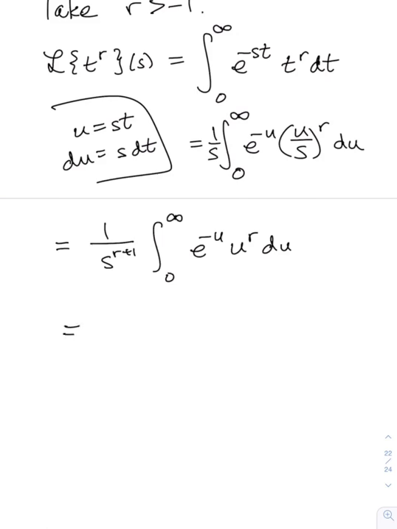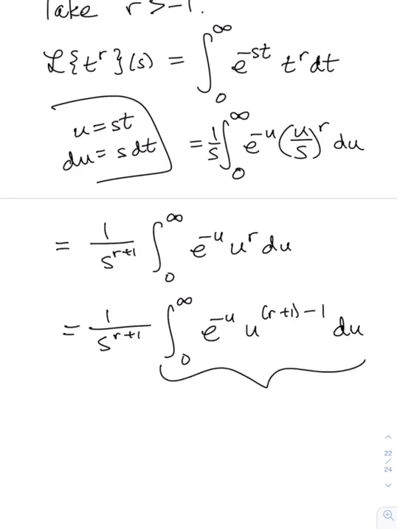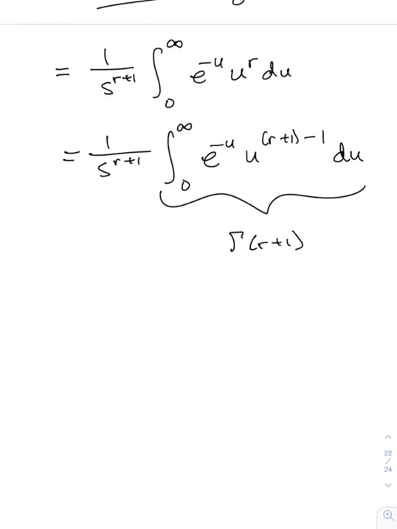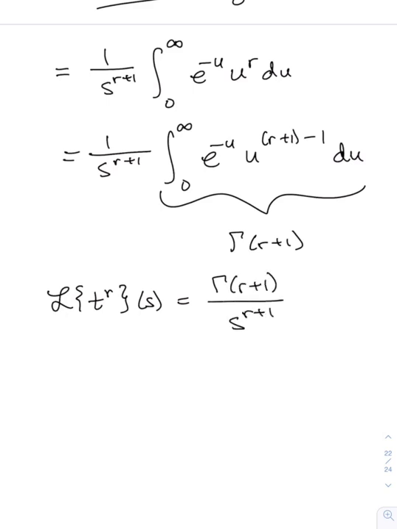And then r, I can write that as r plus 1 minus 1. And then looking at that integral, you see that that is exactly gamma of r plus 1. So what we've just derived is this rule, that the Laplace transform of t to the r is equal to gamma of r plus 1 over s to the r plus 1.